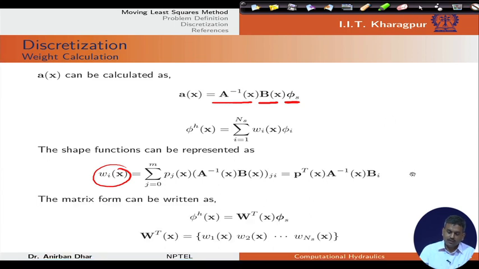So, the matrix form in this case is W transpose x phi s, W1 to Wns. That means weights for all the points available in the support domain.